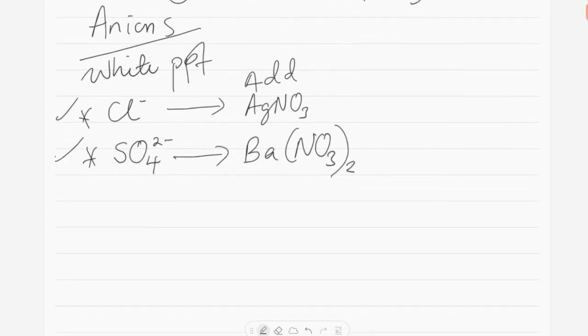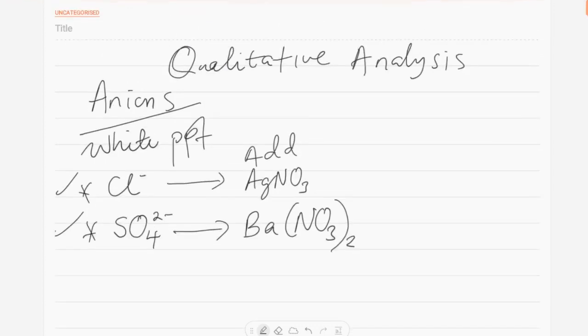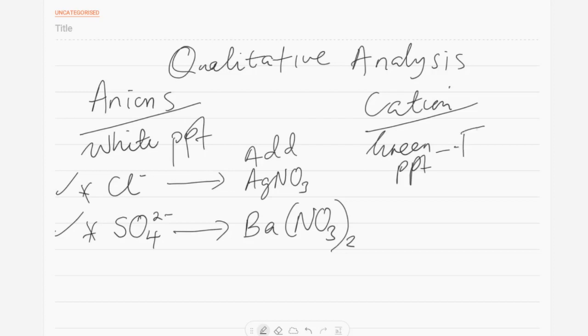Also, on the cation, we are told there that there is a green precipitate. So for green PPT, representing precipitate, the ion or the cation that gives us a green PPT is iron 2.